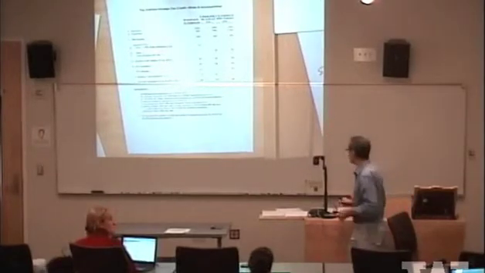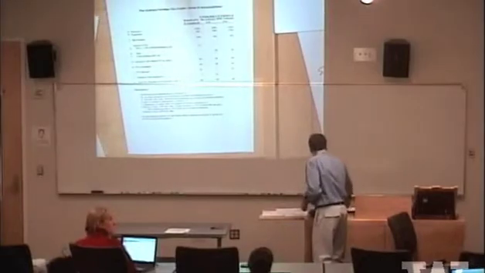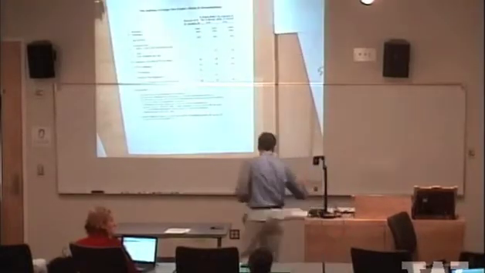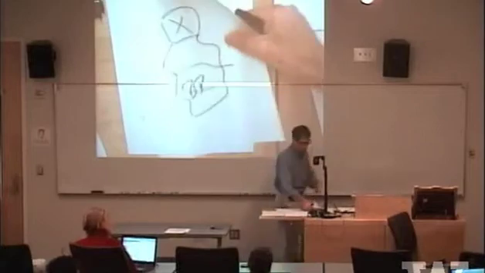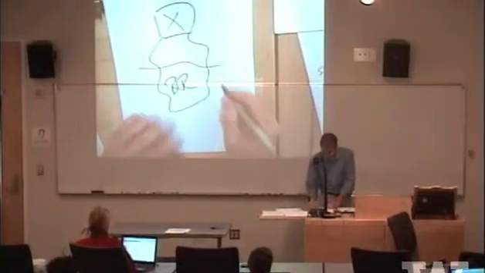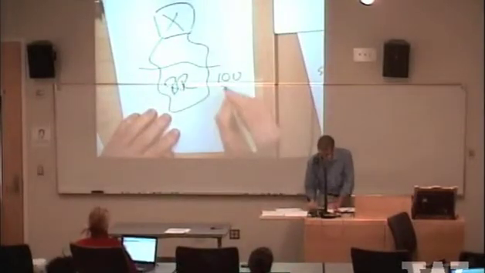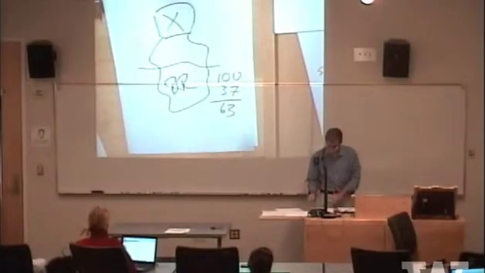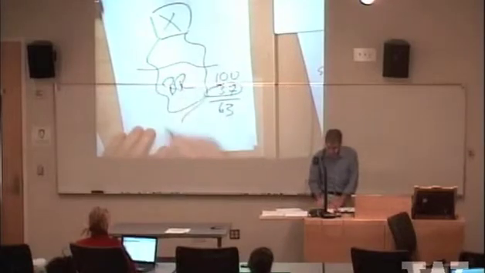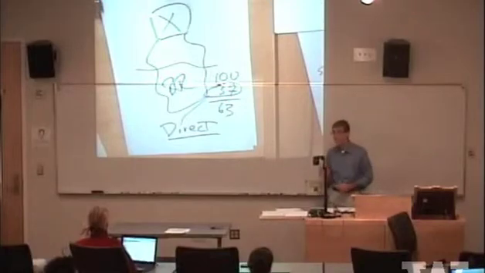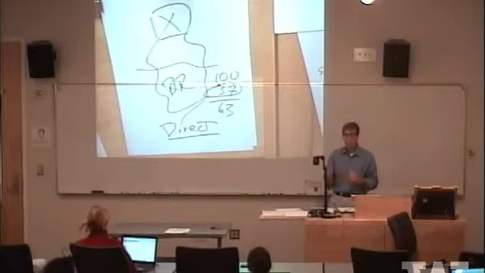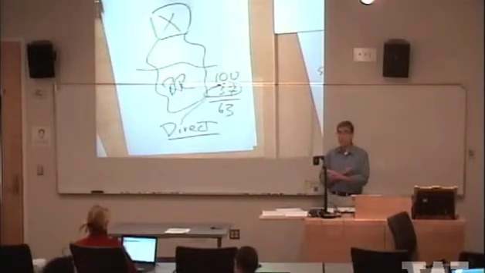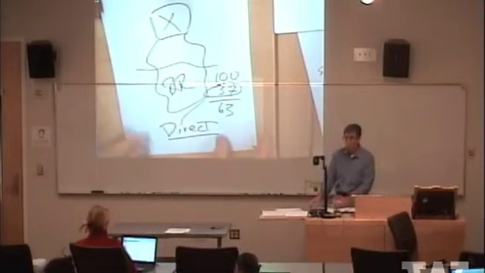Now, when we are looking at this kind of picture, $100, 37, 63. This 37 is all a direct tax. There is no indirect tax. So the indirect foreign tax credit mechanism is just not applicable to this.